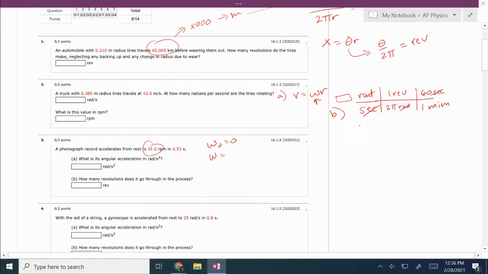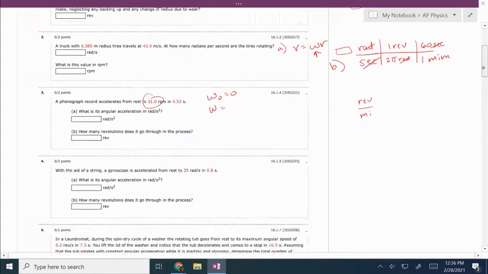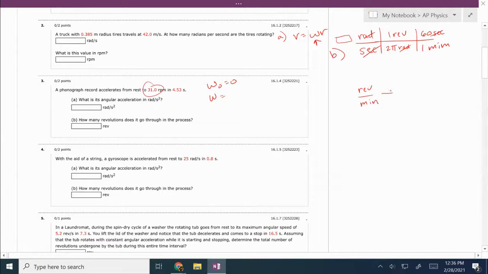Now you have revolutions per minute, so just do the opposite to get it into radians per second, basically the above situation. Once you've done that, that's going to give you your omega final.